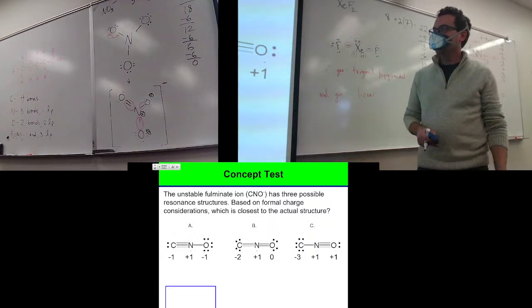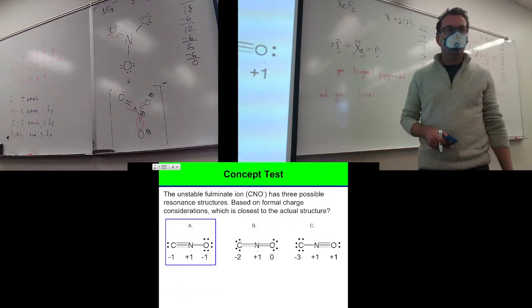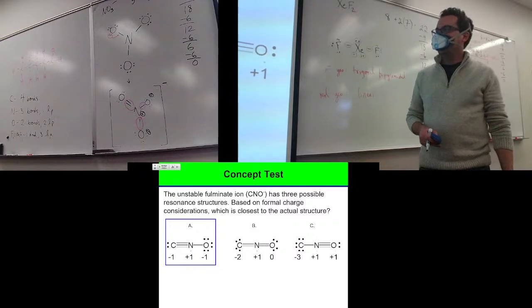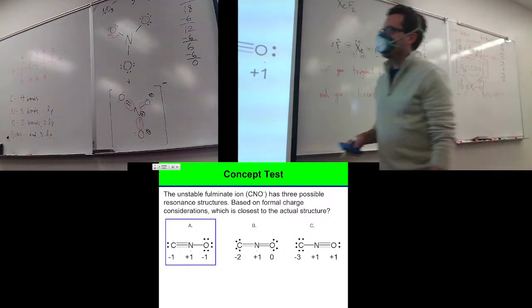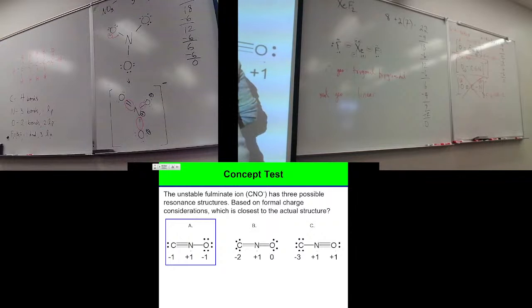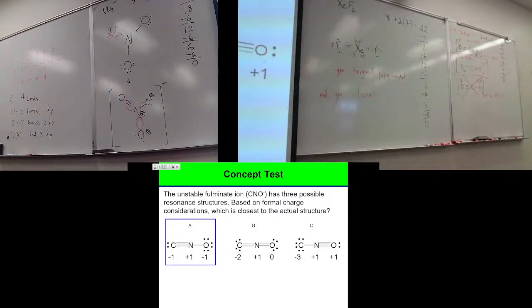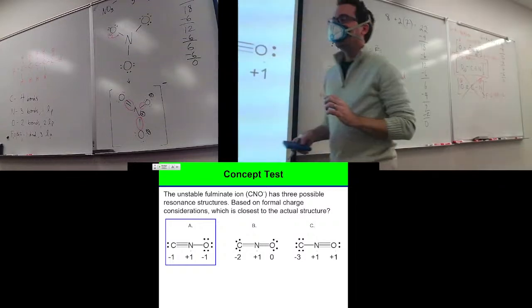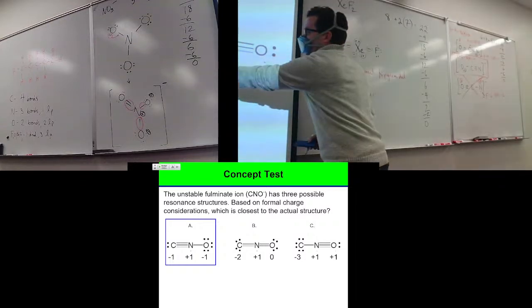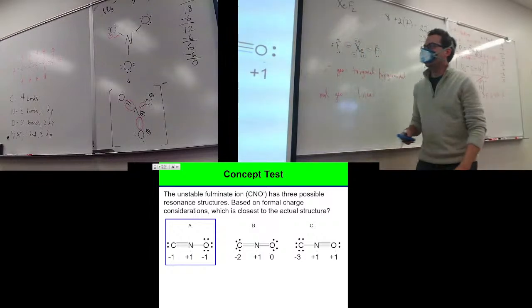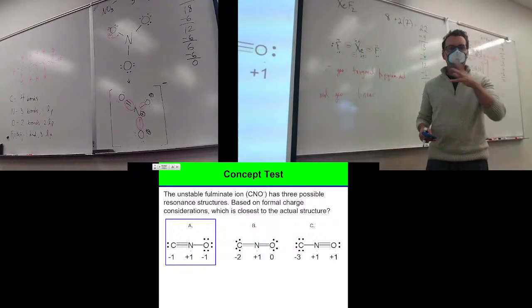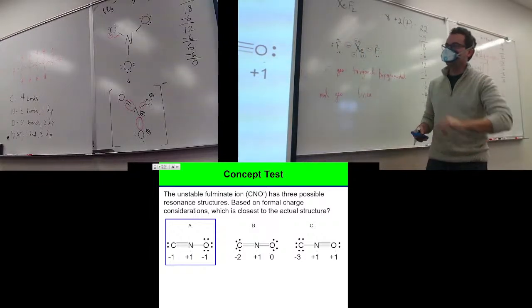Probably A, because it has the smallest formal charges. You might think maybe this one because it has fewer formal charges, and in reality, it might actually be a combination of these 2. Definitely not that one. That's way too big. But it gets a little muddy when we start mixing these. We'll come to this next week.